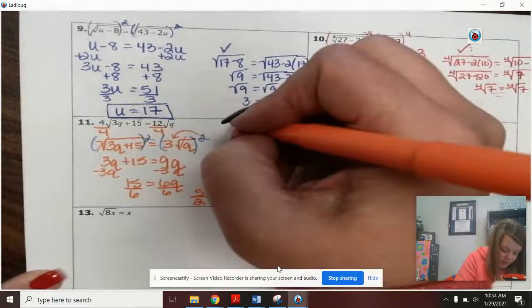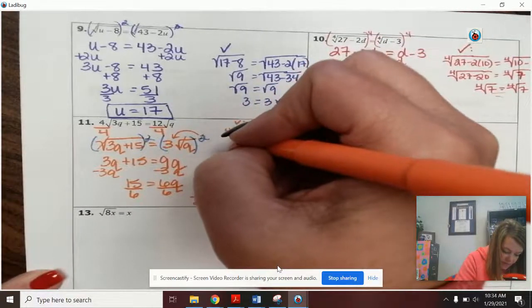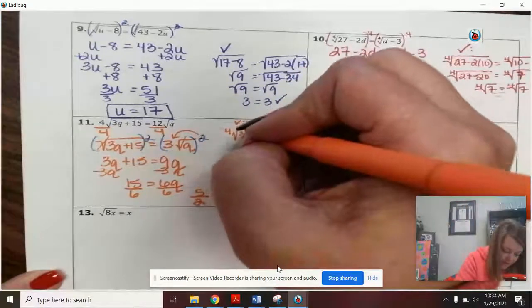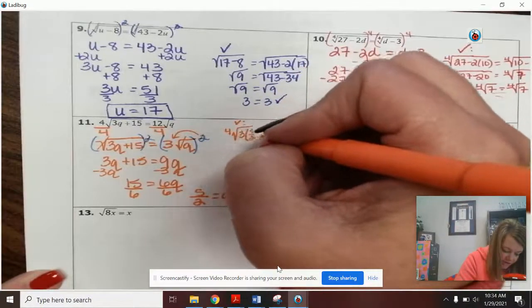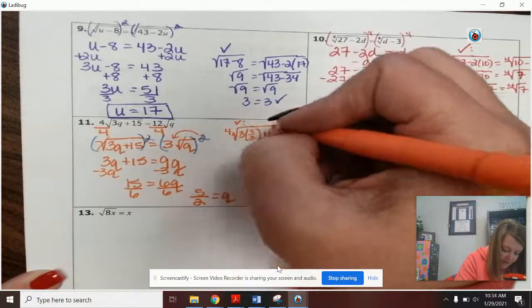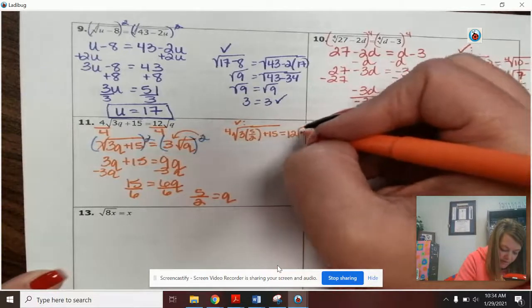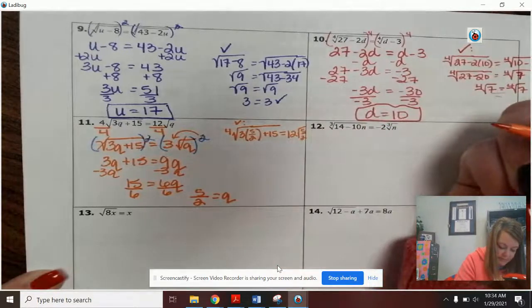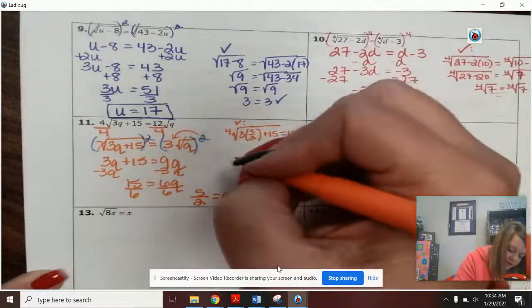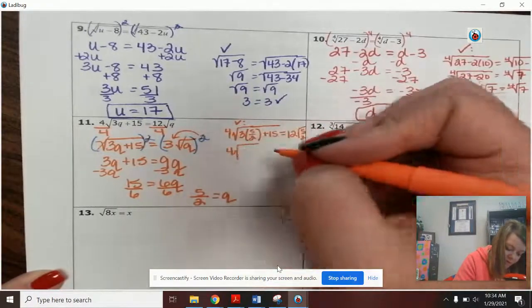All right, let's do a quick check on this one. 4 square root 3 times 5 over 2 plus 15, and that's all under the root, equals 12 root 5 over 2. All right, so this is 4 square root.